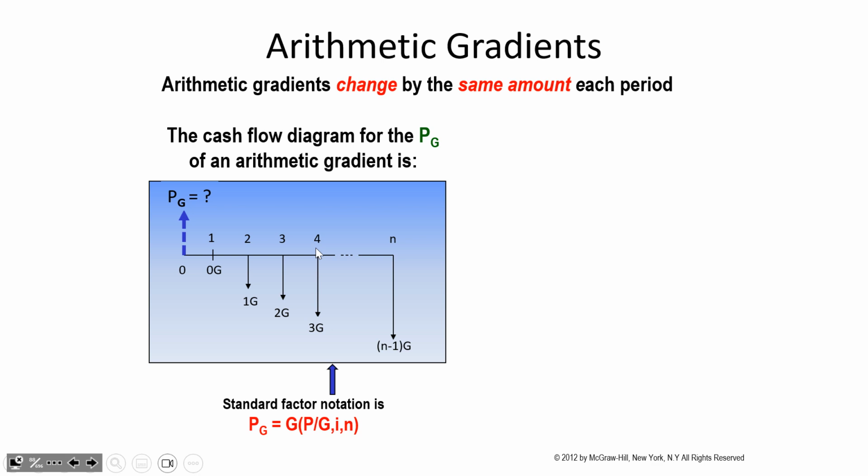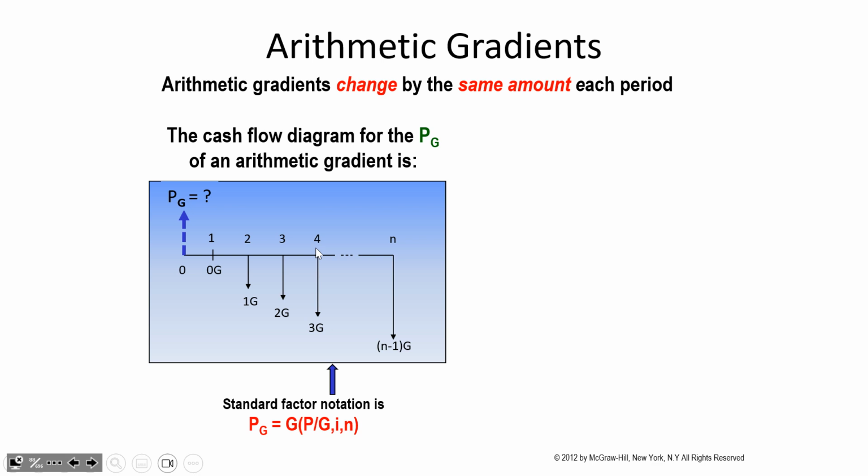Rather than repeating ourselves 60 times and going crazy from the tedium of it, here's 59 and here's 60. See how I've broken the line there and we've got the little dot, dot, dot? This would also be an acceptable way of representing a cash flow diagram where you have an annual series of some amount. So you're truncating the length of the cash flow diagram and showing that it just continues uninterrupted in the same pattern that it was before. So that may save you a little bit of graphite on your paper for the homework assignment.